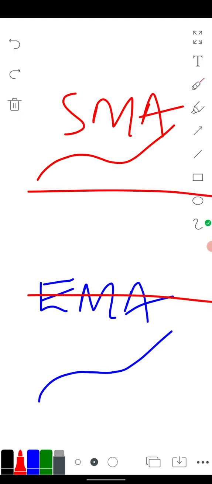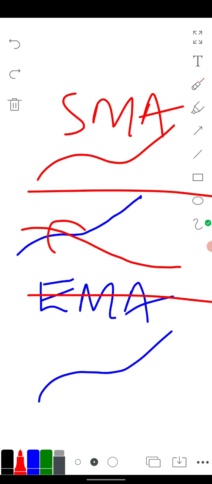The strategy over here is, if EMA crosses above SMA, we can see that it crosses above, right? Yes, it crosses above, and we will be taking a buy position. Else, if it goes below, we will be taking a sell position.